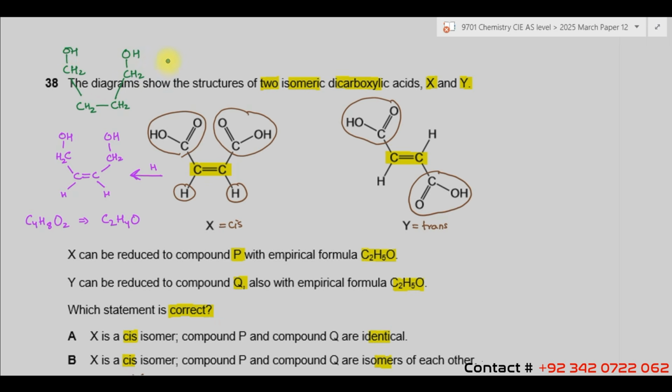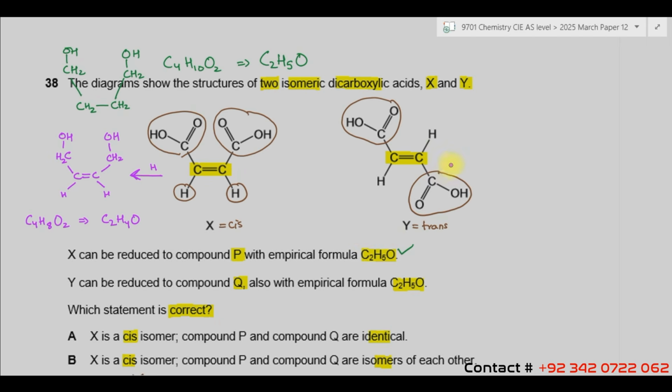Now we have 4 carbons, C4, 10 hydrogens, 2 oxygens. So now empirical formula is C2H5O, which is similar to the one which is given.